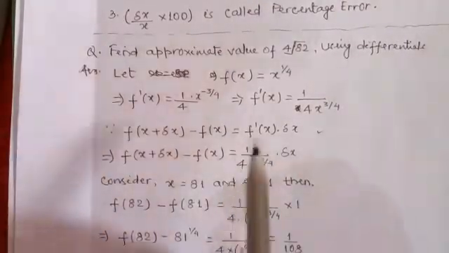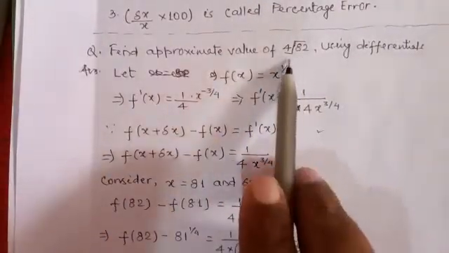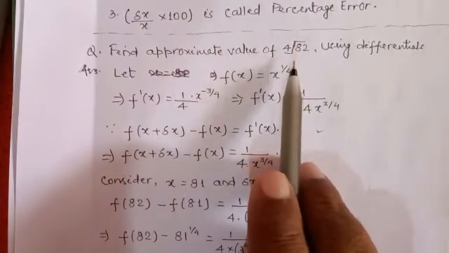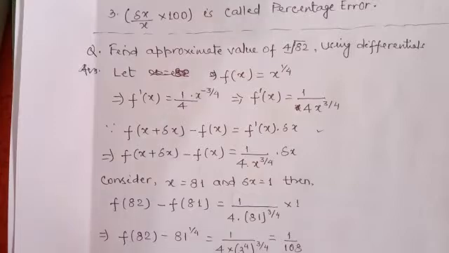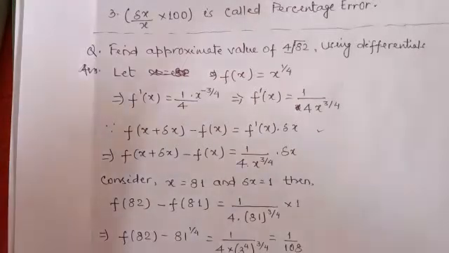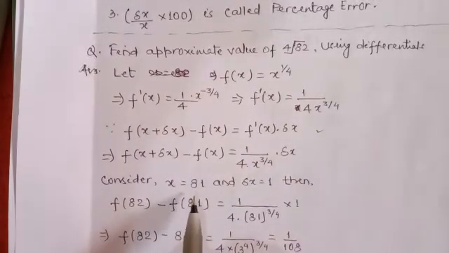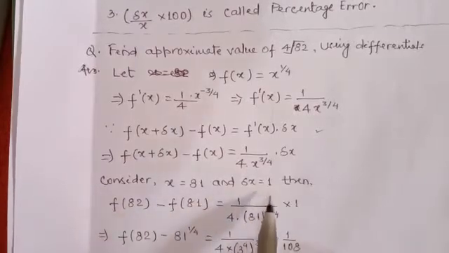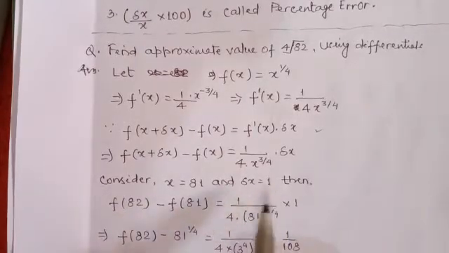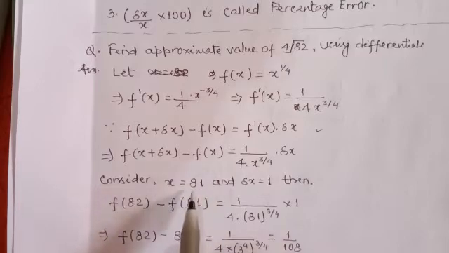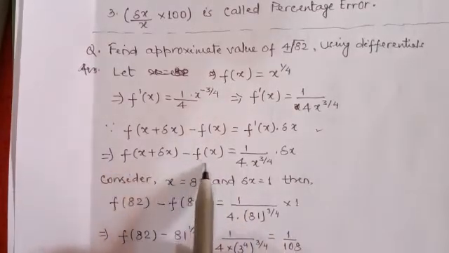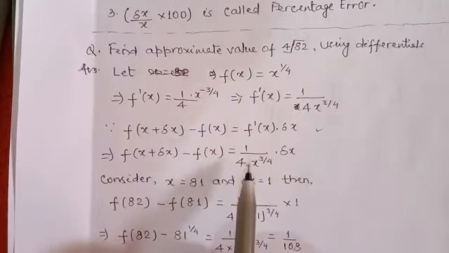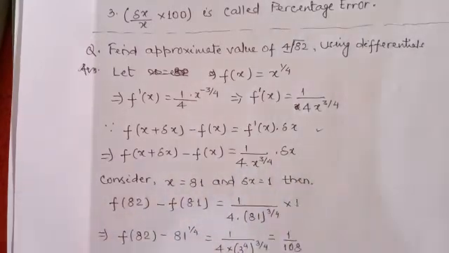See, children, for 82, its nearest value is 81, whose fourth root can be obtained. So consider x as 81 and delta x as 1, and put these two values in the equation, or you may call it equation 1.